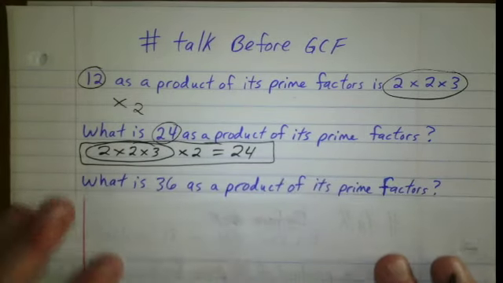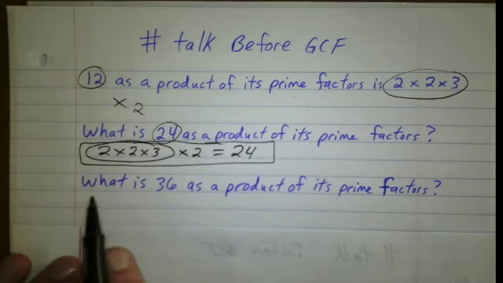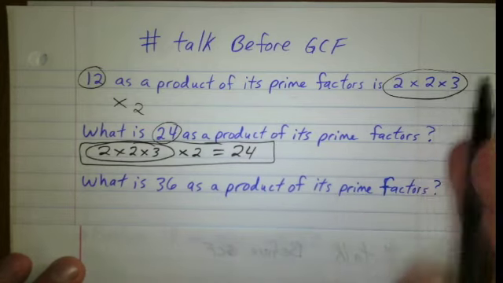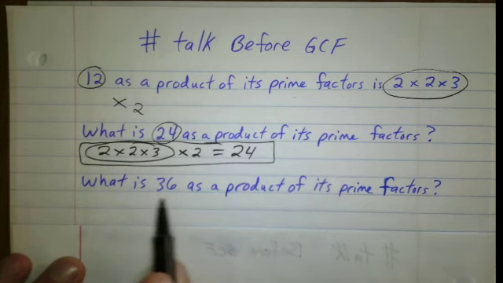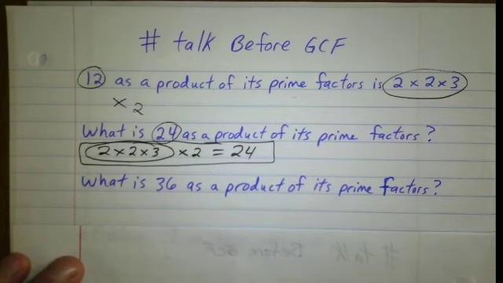Okay, well then that should help you see some similarities with this number. So if 12 was 2 times 2 times 3, and you said 24 was all of that again times 2 to get 24, then what would 36 be as a product of its prime factors? Some of you see it.